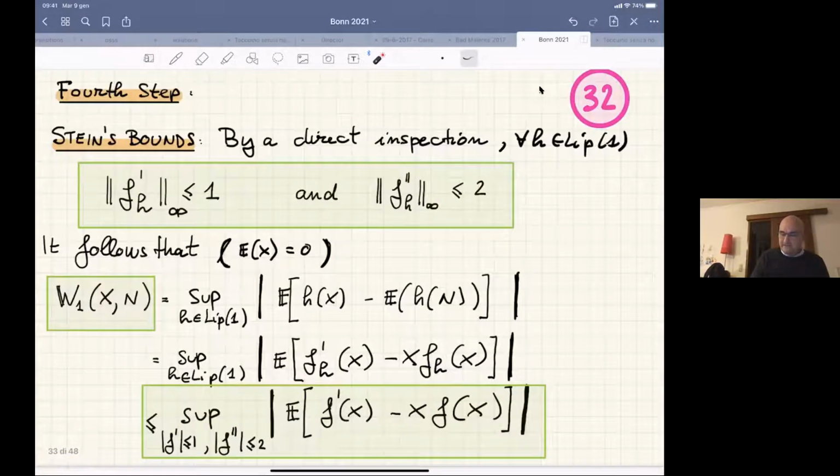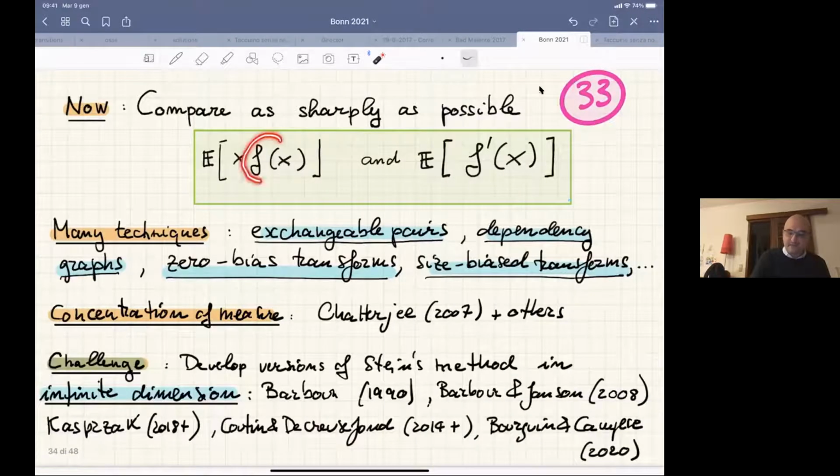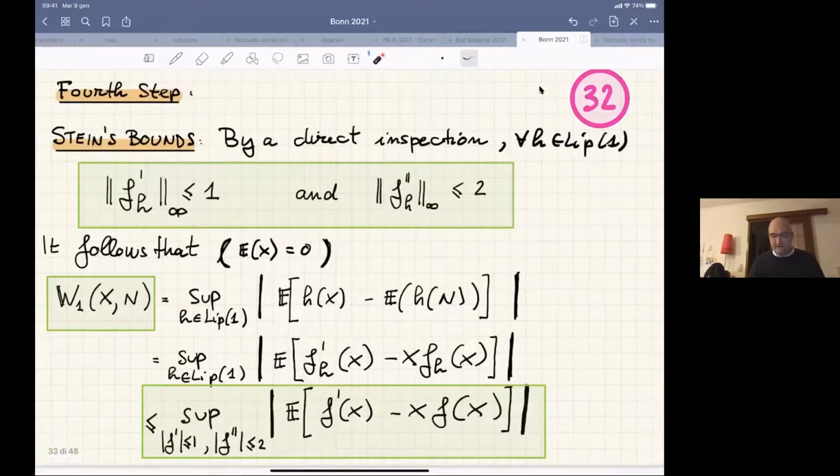We write this as a difference of two expectations, and we want to transform the expectation involving f into something that is close to the expectation that involves f prime. And since we work with the expectation that involves f, we can actually use an additional degree of regularity.